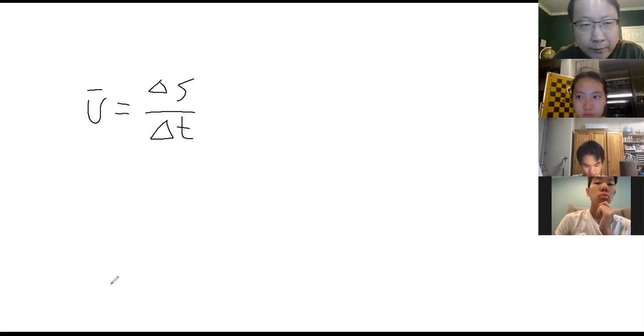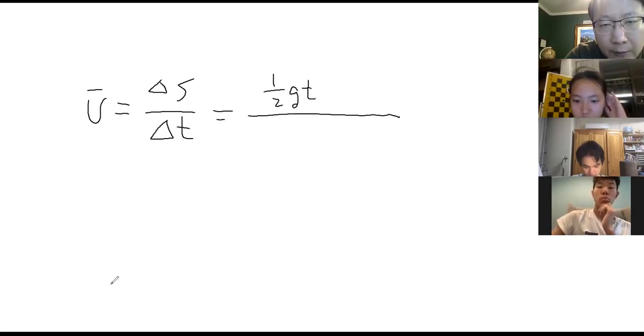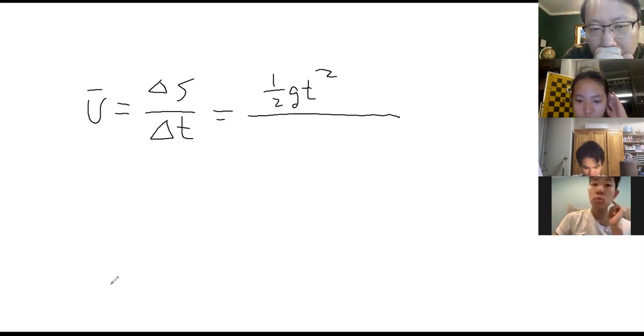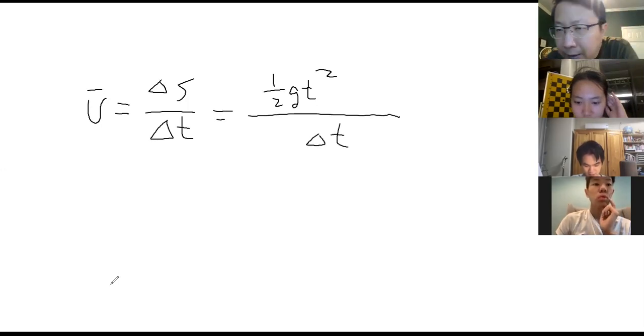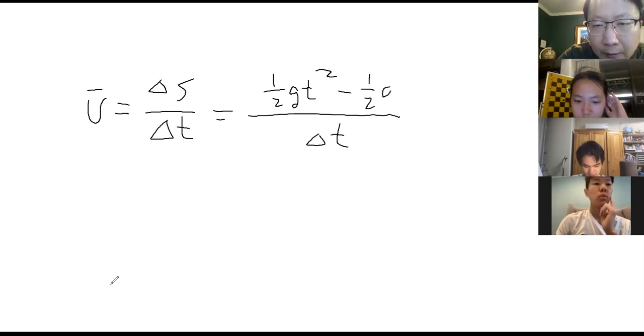So basically, I know the formula is 1/2 g t square, right? And since we traveled by delta t time, this one has to minus something. Let's say this is t0, this is t1.